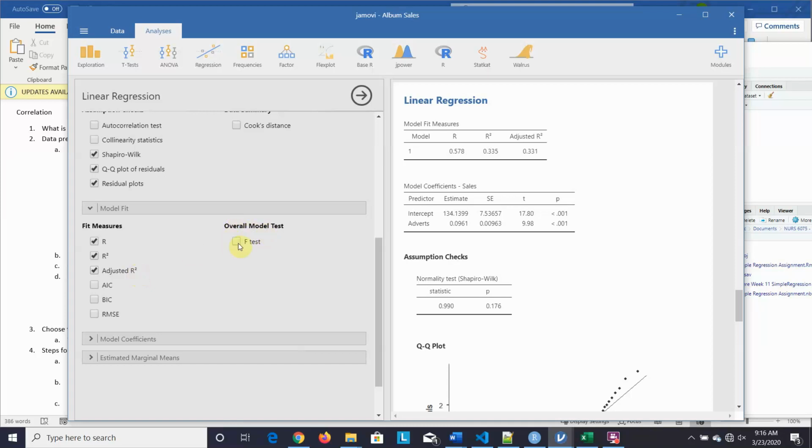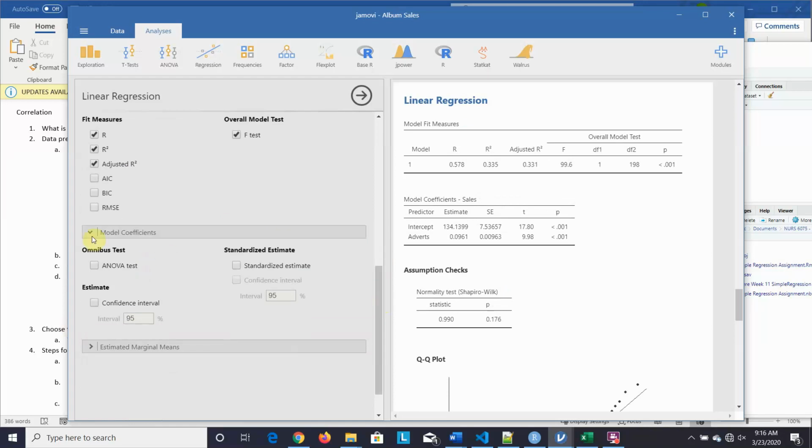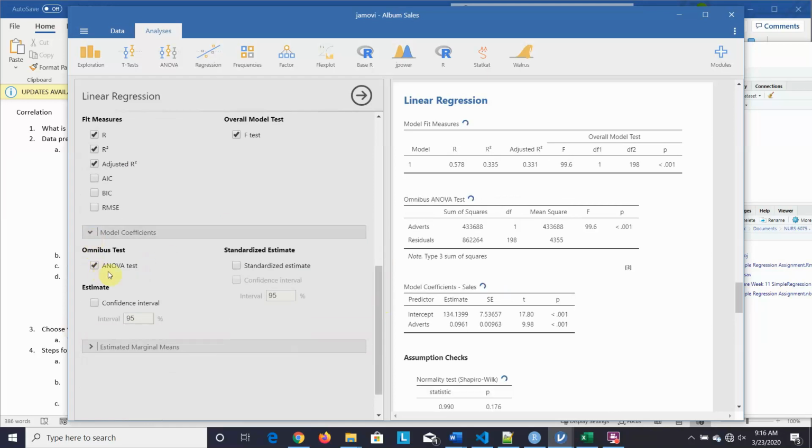And we're going to select this overall model test, this F test, which is an ANOVA. Under model coefficients, we're going to go ahead and check the ANOVA test. We're actually going to see that this and this overall model test give us the same results, but let's go ahead and check the option.